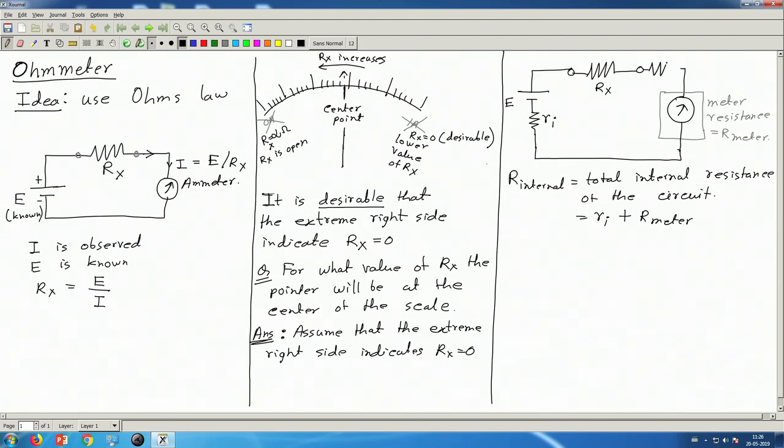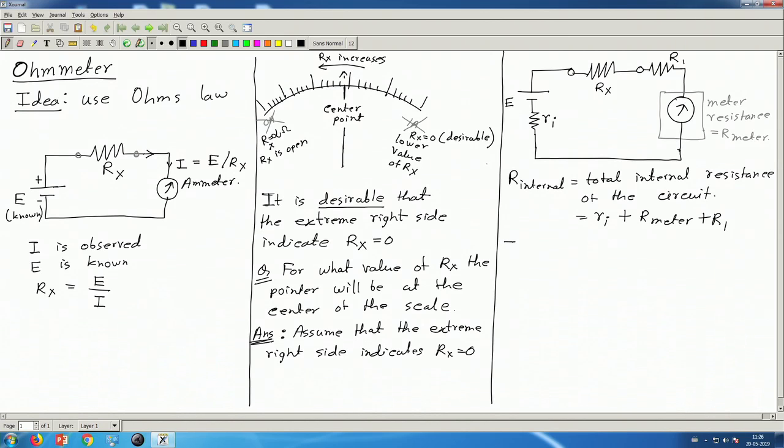So, if I put any other resistance in this circuit, call it R1. All this together is called the total internal resistance of this circuit. Now, this is our R internal.